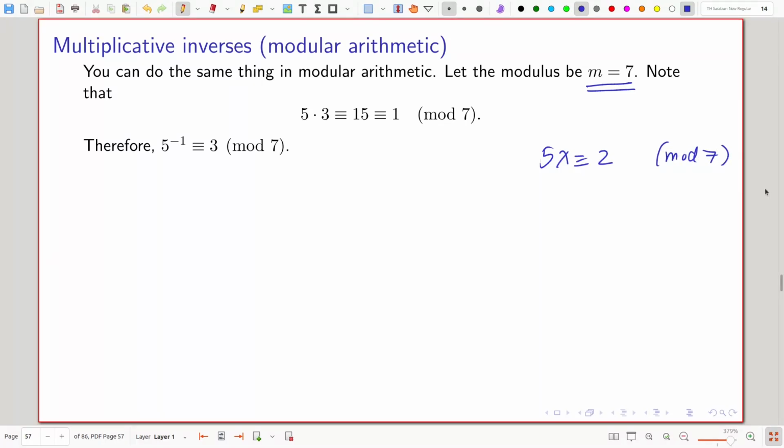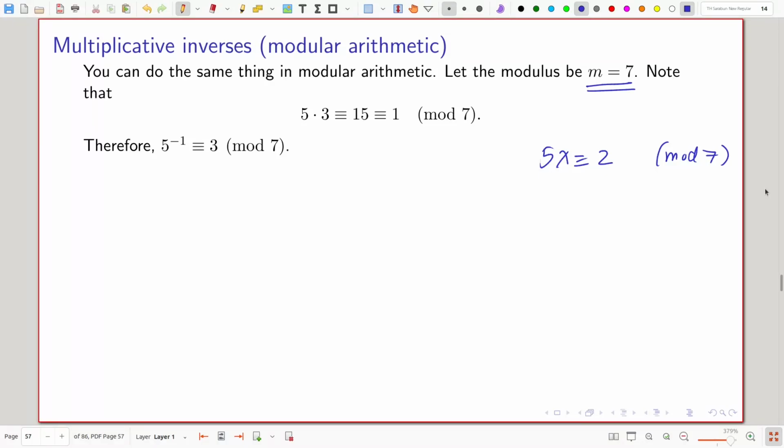What would I do? I need to find the multiplicative inverse of 5. So I need to find some number that I cannot divide, right? I need to find some number that multiplying on both sides, I get back x.